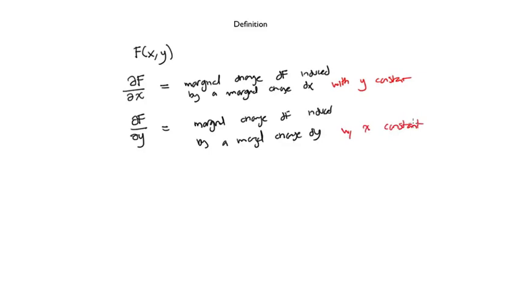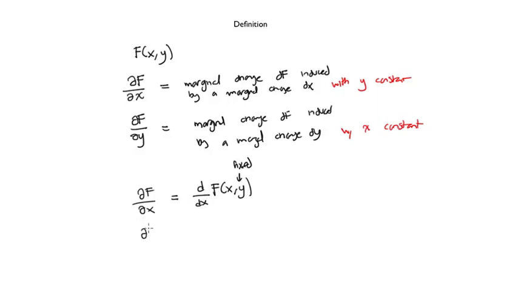You can think, for practical purposes, of the partial of f with respect to x basically as the derivative with respect to x of a function of one variable, that is x, with y fixed. So to take this partial derivative at a point x, y, think of constructing a function that has y fixed. Now you get a function only of x, and you just take the derivative with respect to x.